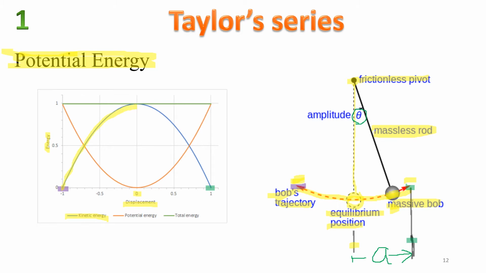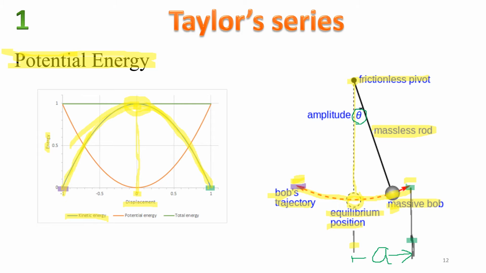At the mean position, you can mark this, the kinetic energy is maximum, and as it goes to the right extreme, the kinetic energy goes on decreasing, and the bob momentarily stops and reverts back in its journey, and so on. This goes on happening, and the kinetic energy oscillates between 0 and 0 through the maximum value present over here.